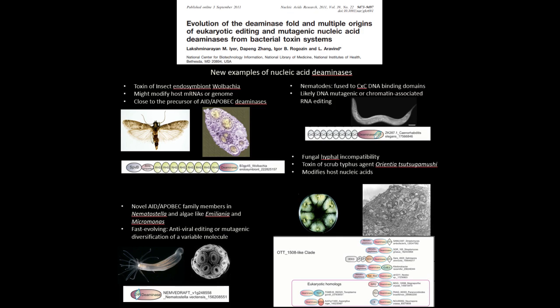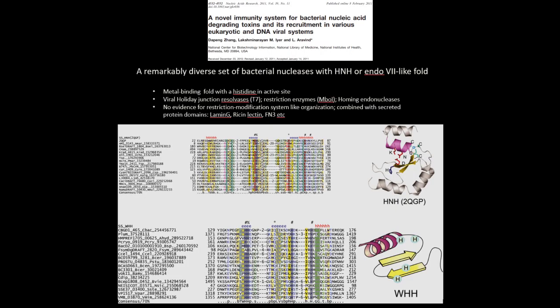So this was one case. And the other notable thing was the discovery of several H&H domain endonuclease toxins in these polymorphic toxin systems. And the H&H domain, just to give some background, is a metal-dependent endonuclease domain, which contains a version of the treble clef fold.